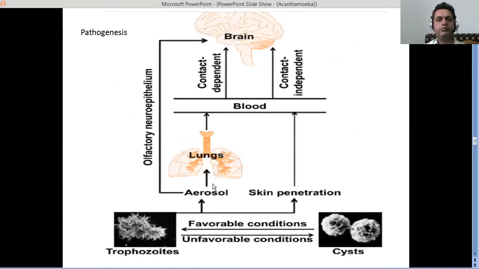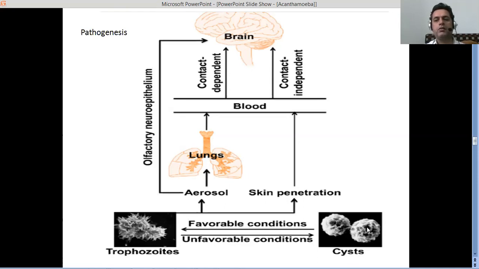If you look at the pathogenesis, how it causes different conditions: under unfavorable conditions, as we discussed earlier, the trophozoites here at the bottom would undergo encystation, or cyst formation.